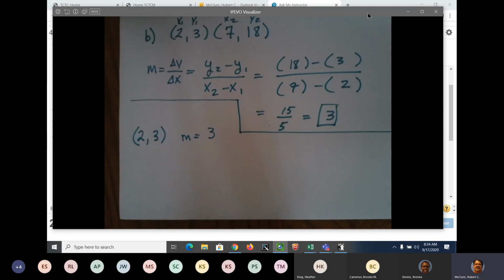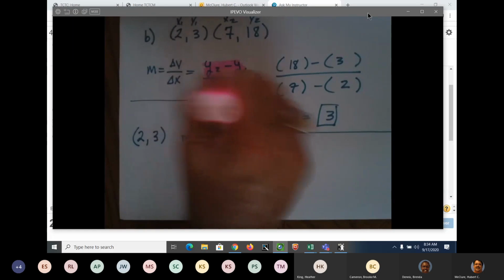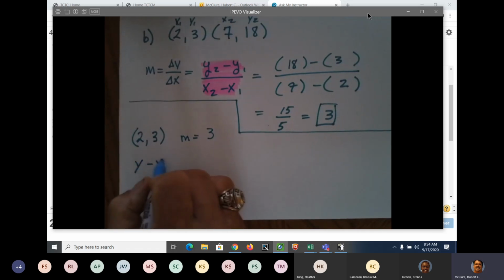You're going to use your point slope equation. Now, I'm going to highlight the 2 formulas that are important because I'm a good teacher and I try to help my students. That's the first one. And the second one is the point slope equation.